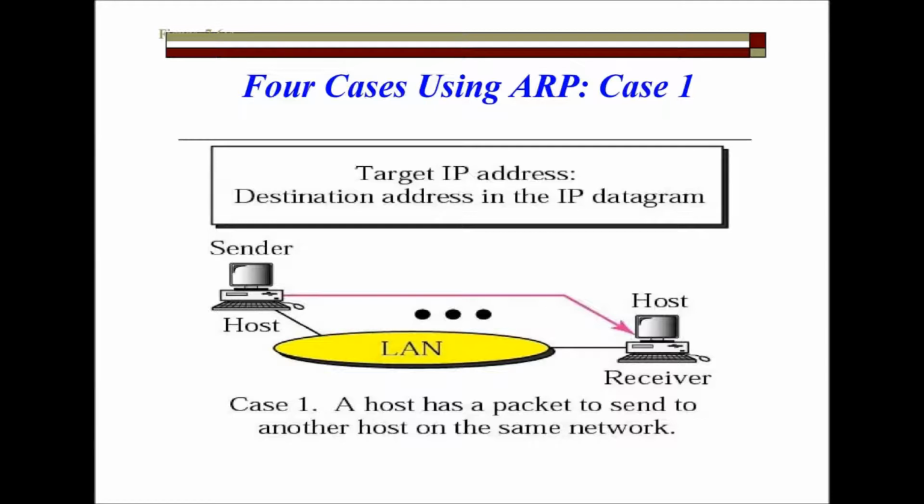So case 1: a host has a packet to send to another host on the same network. If these 2 hosts or computers are on the same local area network, when the packet is transmitted from source to destination, we say that this packet is on the same network.